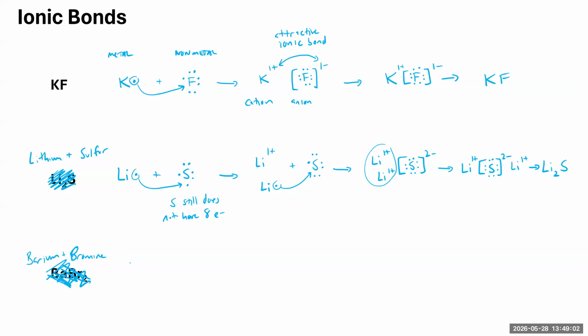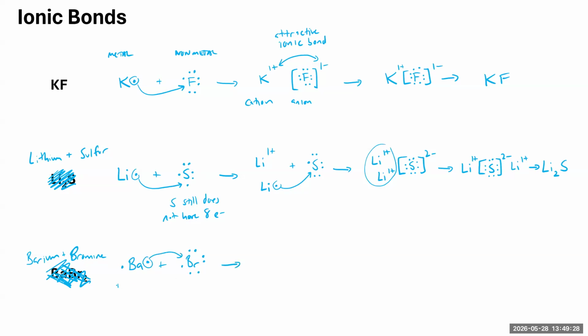All right, barium. Let's see. It's on the second column, second group of the periodic table. It's going to have 2 electrons. And bromine has 7. 1, 2, 3, 4, 5, 6, 7. Well, yeah, bromine will take that 1. Cool.